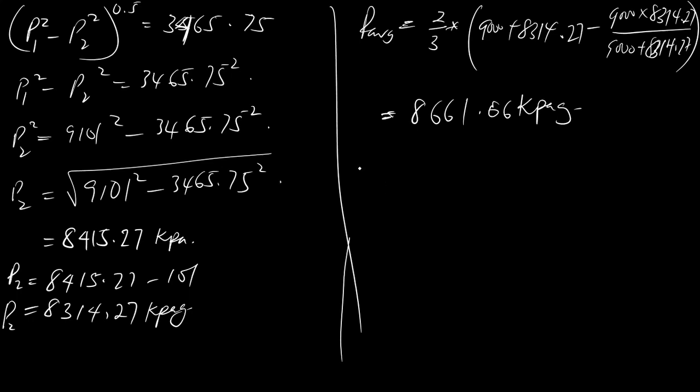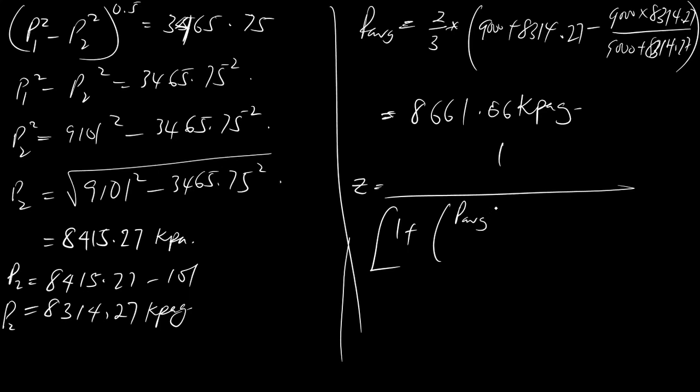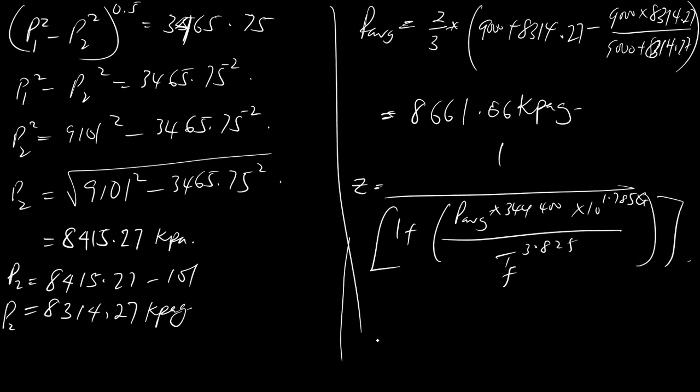Now to get our Z factor, which is the compressibility factor, you have 1 over 1 plus bracket open average pressure times 344,400 times 10 raised to power 1.785 G divided by fluid temperature raised to power 3.825.